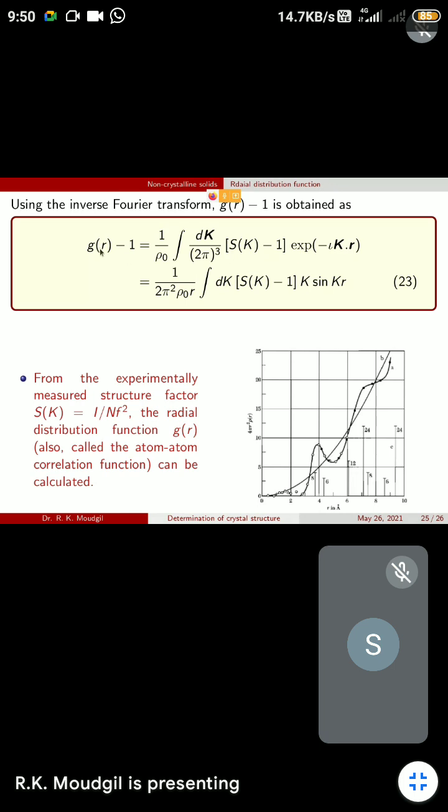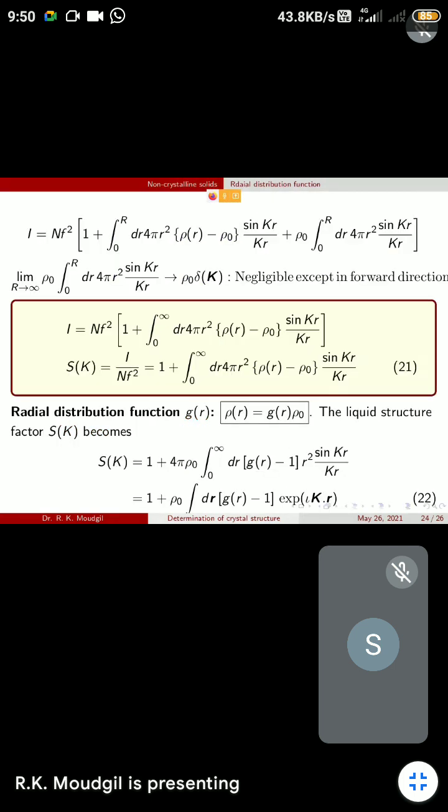It means we can describe the structure of the non-crystalline solid in terms of the quantity which we have introduced, and that quantity is your radial distribution function.